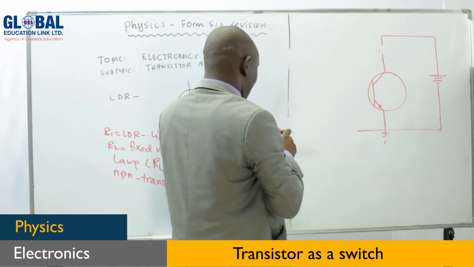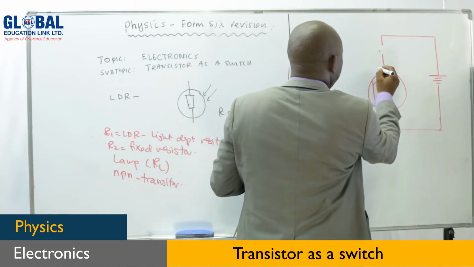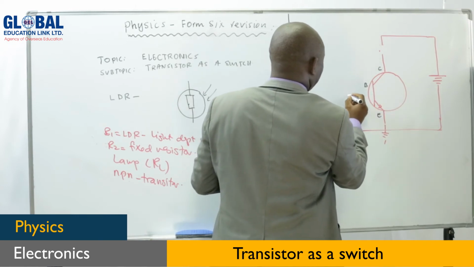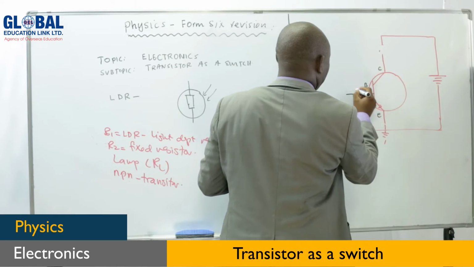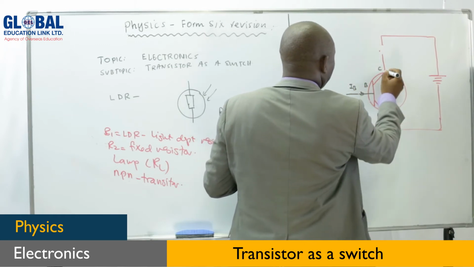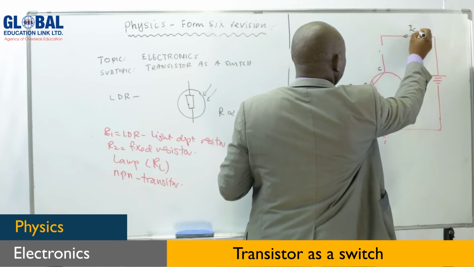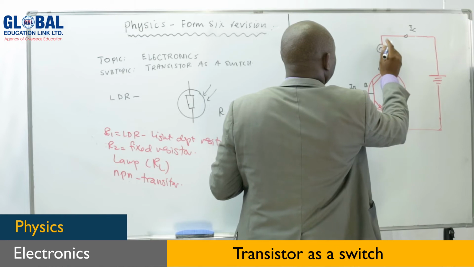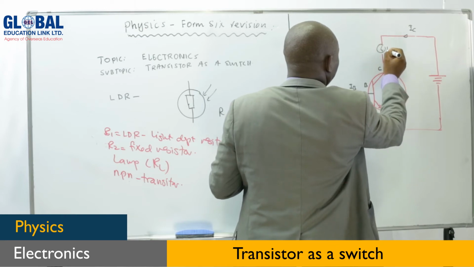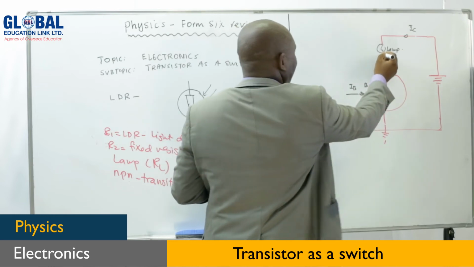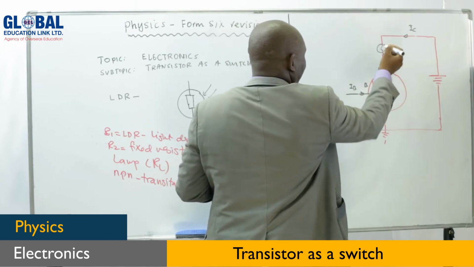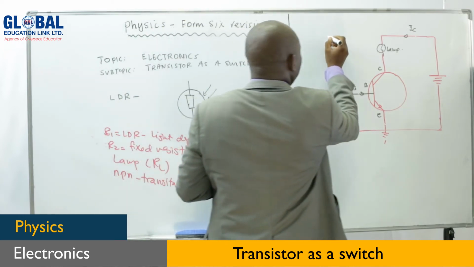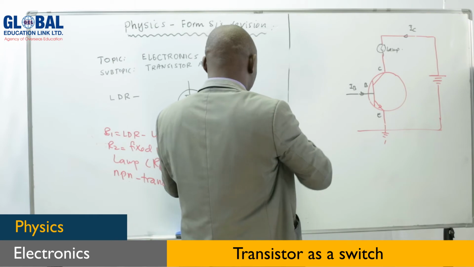This is our collector, our base and emitter, and this is the base current, and this is our collector current. That's where you connect the lamp. The lamp must be connected here, because this is the output, so it can be switched on. Now, where do you connect those two components? We have a circuit that should be drawn.